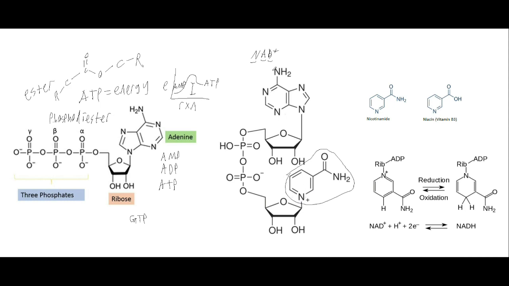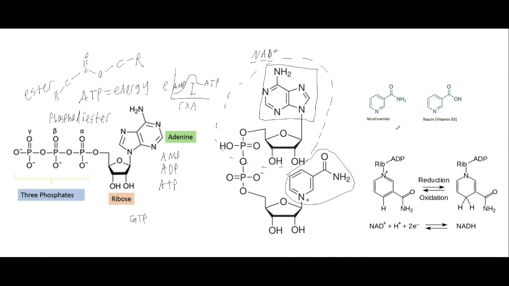And we have this adenine up here. And so this right here would be our AMP, or adenosine monophosphate. Then down here we have a nicotinamide as our base.